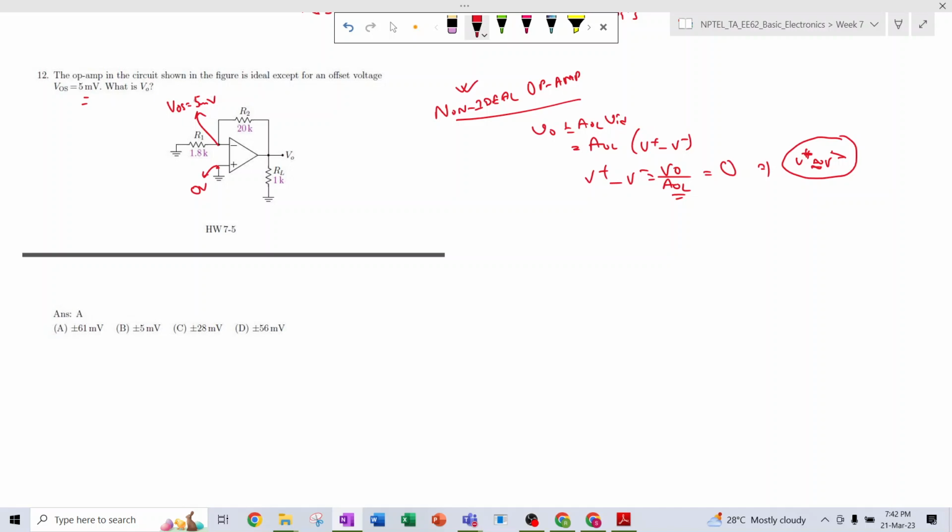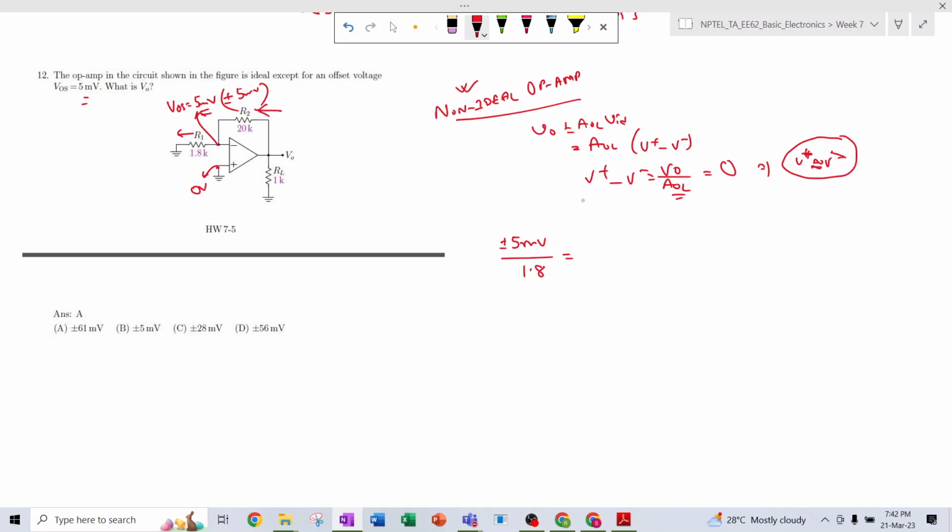Now if it is 5 millivolt, then it can be plus 5 millivolt or minus 5 millivolt on both sides. So the current flowing through this will be plus minus 5 millivolt, and this is the ground, divided by 1.8. This is the current, and that current should flow through this side.